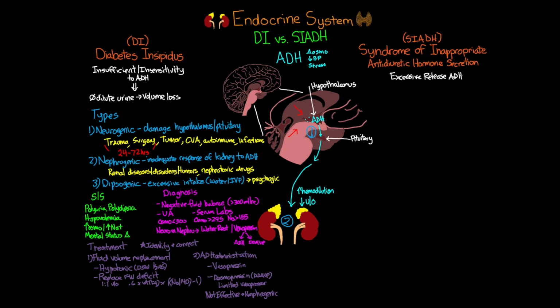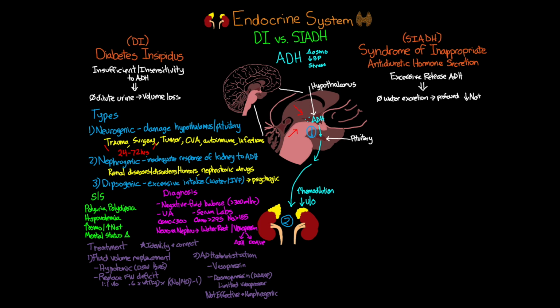And so what's happening here is our normal mechanisms that control the ADH secretion are failing, and this leads to this excessive ADH release. And ultimately, this is going to lead to an impaired ability to excrete water via urine, and ultimately a profound hyponatremia. And to really summarize this, basically SIADH is going to be a syndrome of water intoxication.